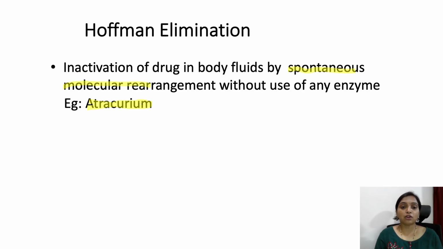Okay, there will be spontaneous molecular rearrangement of this drug when it comes in contact with body fluids without the use of any enzyme. So non-enzymatic degradation, example is atracurium, which will use this Hofmann's elimination. Okay, so this is a very important question. Usually they keep on asking this, atracurium.